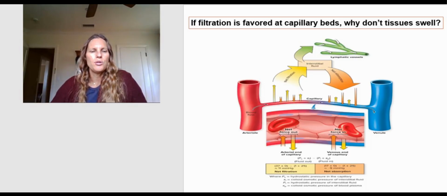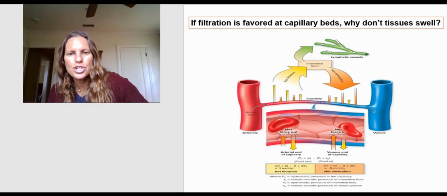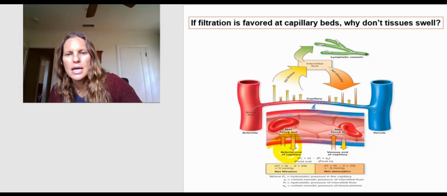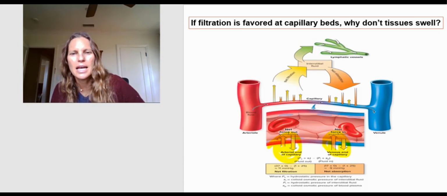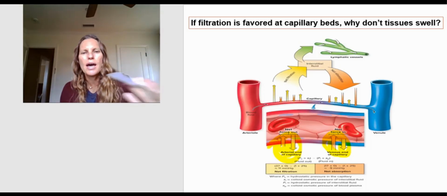All right, so here we have this setup where we've got our capillary, and the net force is to push fluid out at the arterial end and pull fluid back in at the venous end. Not all of the fluid that's pushed out is brought back in.